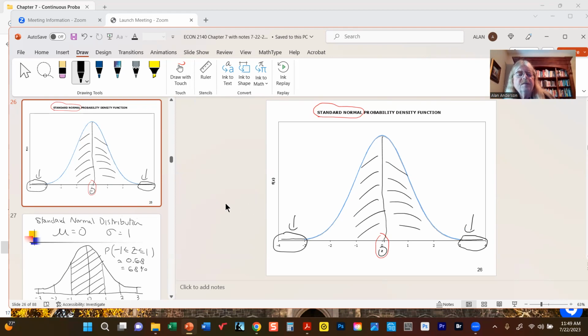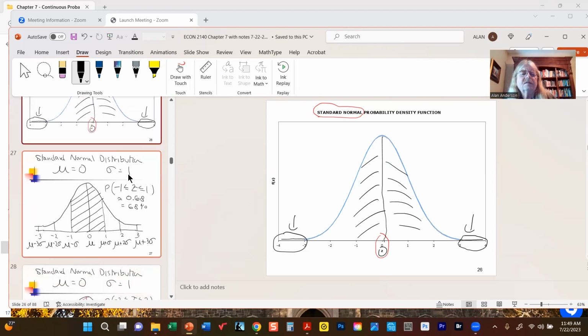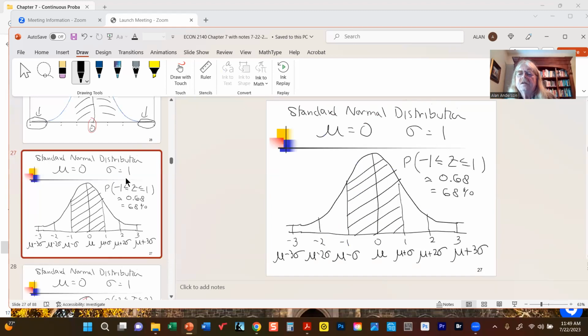All right, now here's some interesting results. You don't have to memorize what I'm about to show you, but it's an important introduction to calculating normal probabilities. So what we're going to do is use the mu for mean, of course, and sigma for standard deviation.